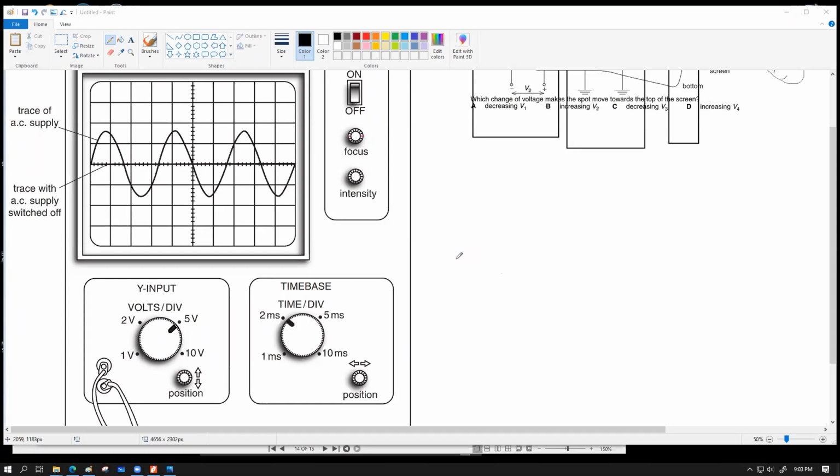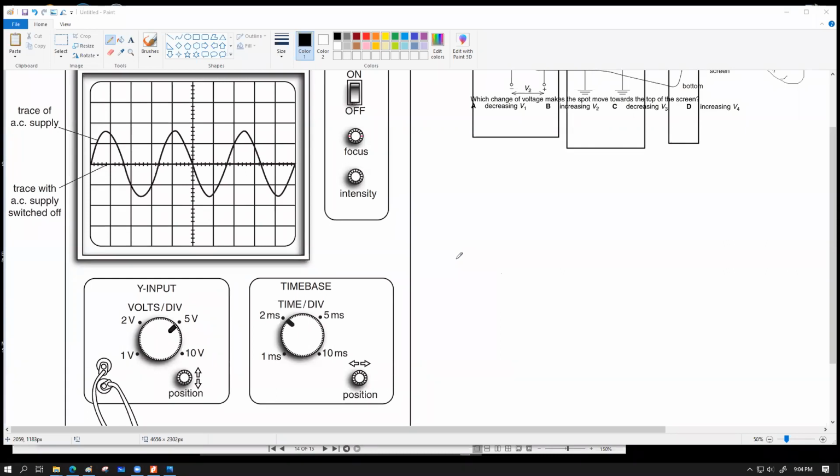Sir, 4. 4 is a correct response. Do all of you see that in this cycle, four horizontal divisions make up one complete cycle? You should be able to see that.